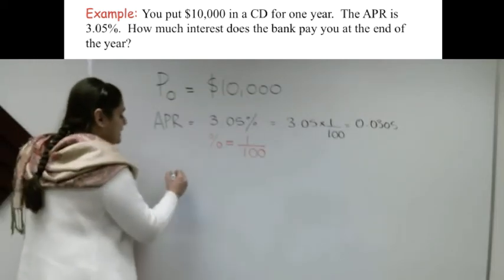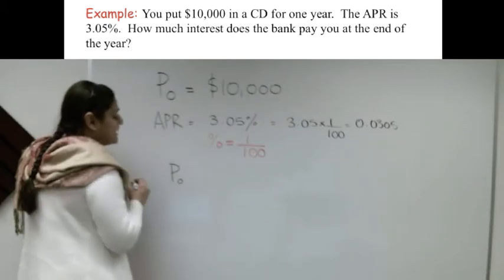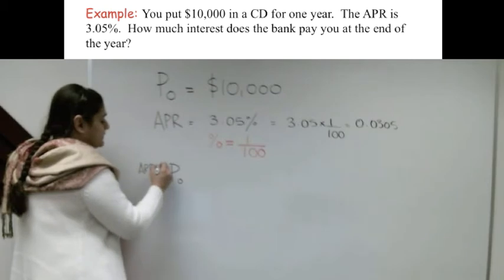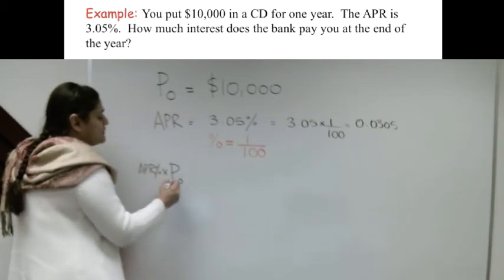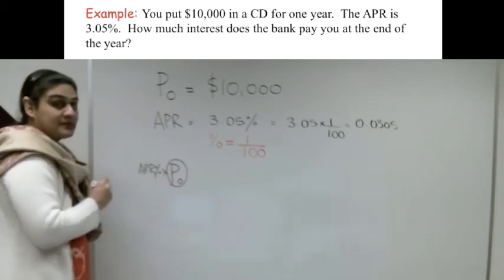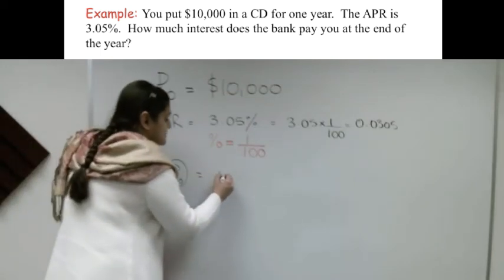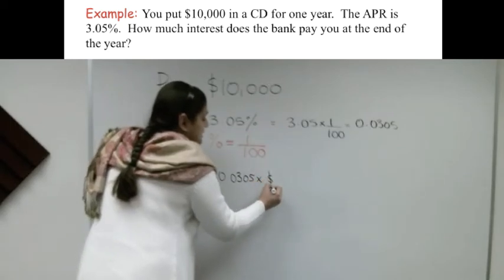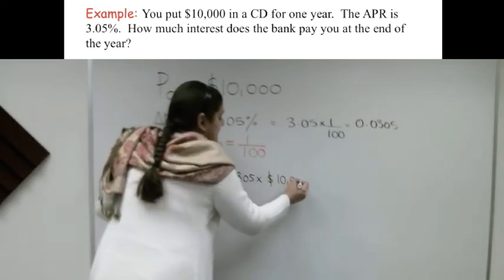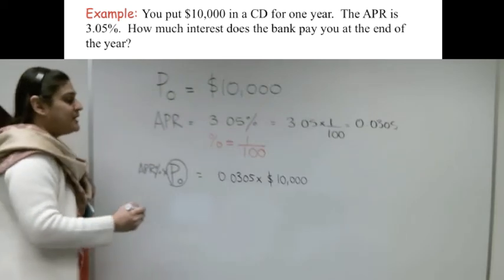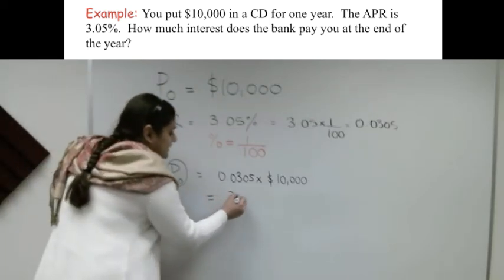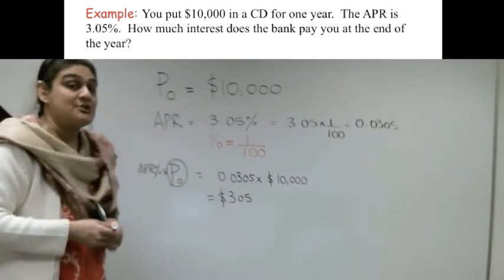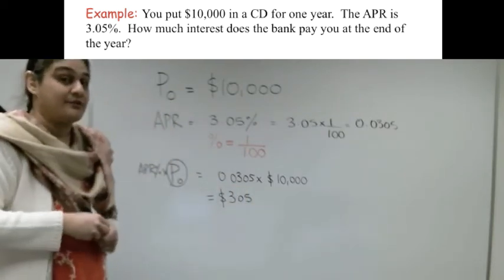In order to do that, I'm going to multiply my annual APR percentage with my initial investment, which if I do the math, it's 0.0305 times $10,000 equals $305. This is the interest that I would collect after 1 year.